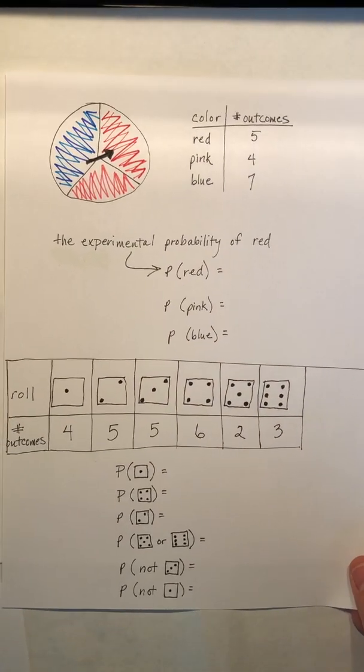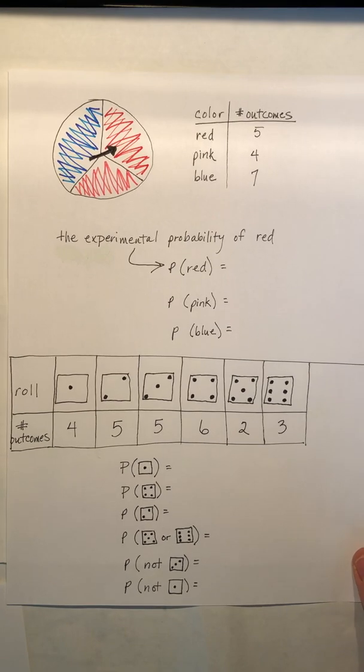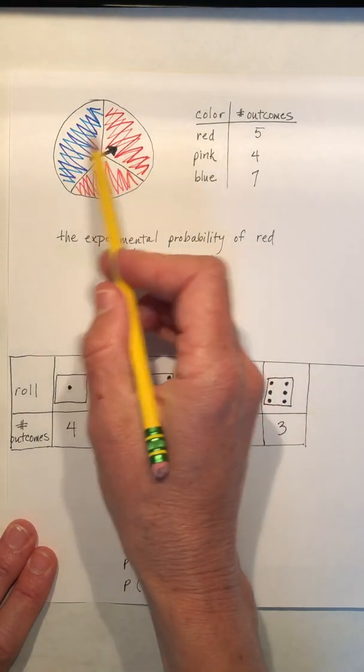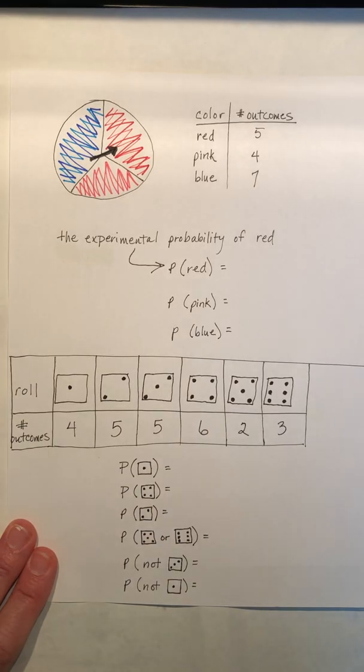Okay, so let's look at something else. And now you're ready to do some writing with me. If you have a printer at home and you want to print this and fill in the blanks rather than writing it all out, I am totally fine with that. You don't have to copy my pictures.